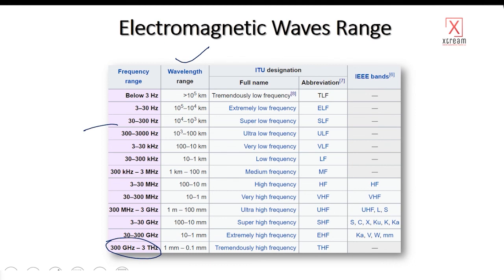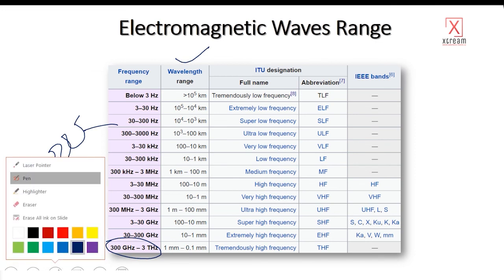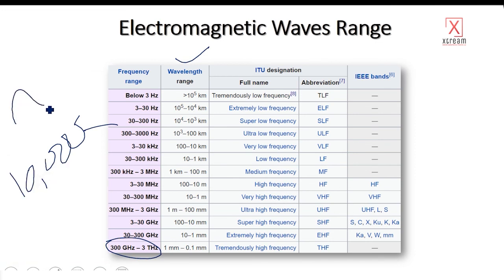It will have a wavelength of 10 power 4 to 10 power 3 kilometers. If you remember, we have discussed the wavelength. Let's suppose this is a wave, and we can say that these two are two identical successive points.